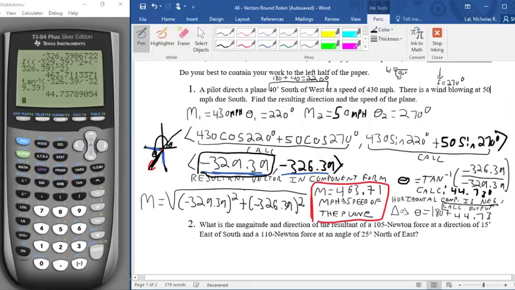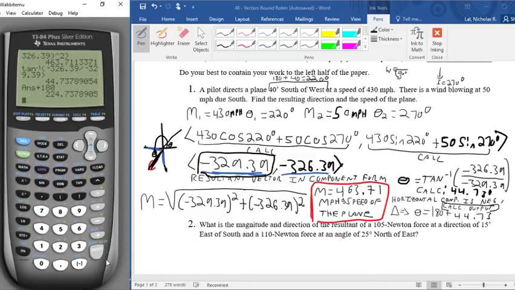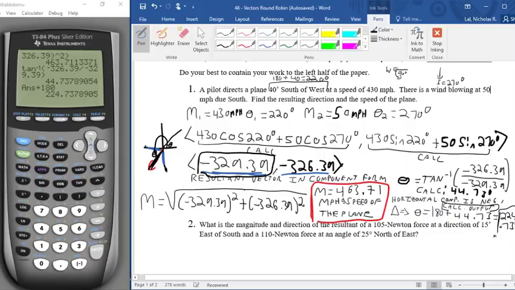So 44.73 plus 180 is equal to 224.73 degrees, which is our actual angle, our direction.